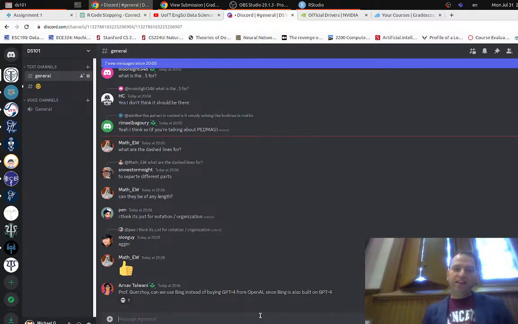Can you use Bing instead of GPT-4? Well, so Bing, I'm not actually sure that Bing is using GPT-4 necessarily. It's some kind of version of GPT-4. You can try it and see if it works. I have not tried it. Like for this, I've tried Bing in general.